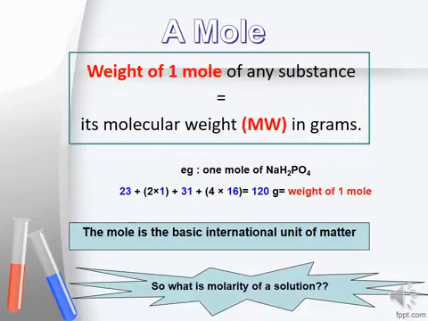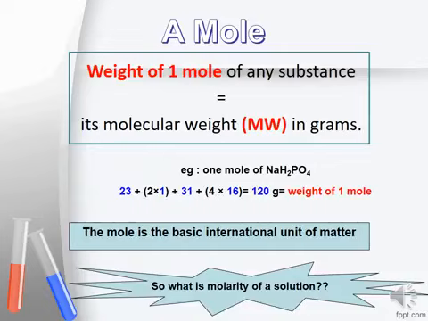For P, phosphorus. Phosphorus here is 1 atom. Then the atomic weight of P is 31. And for O, it is oxygen. The atomic weight of oxygen is 16. And I have here 4 atoms of oxygen. Then I'm going to add the atomic weight of 1 sodium, 2 hydrogen, 1 phosphorus, and 4 oxygen.